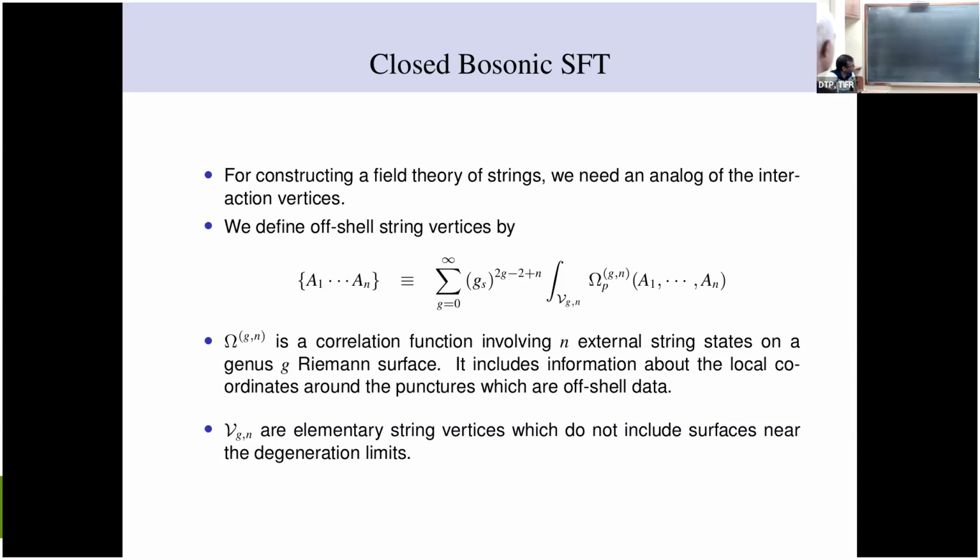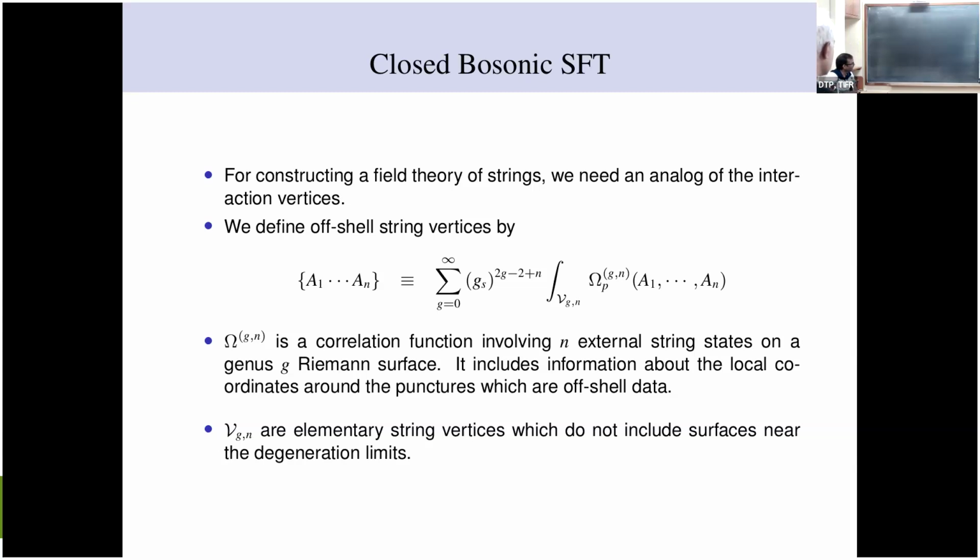Then we have these regions VGN, which are elementary regions, and some p-form field omega_p, and they depend on these insertions a1 to an. This omega is a correlation function involving n external string states on a genus g Riemann surface, and it includes information about the local coordinates around the punctures, which are this off-shell data.